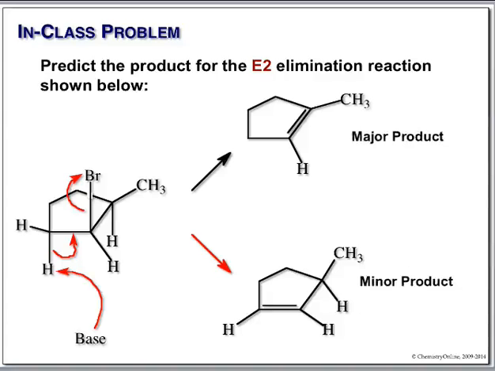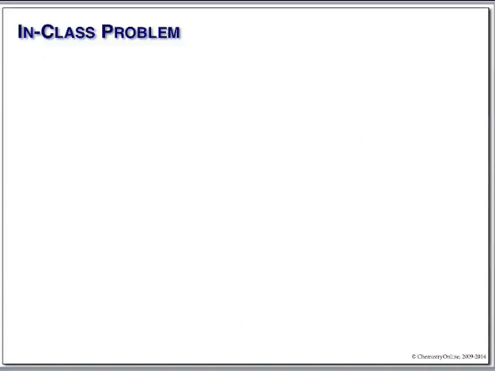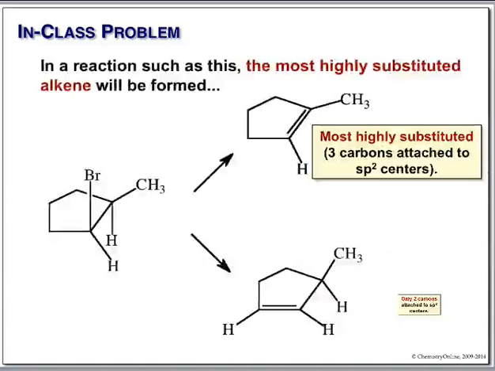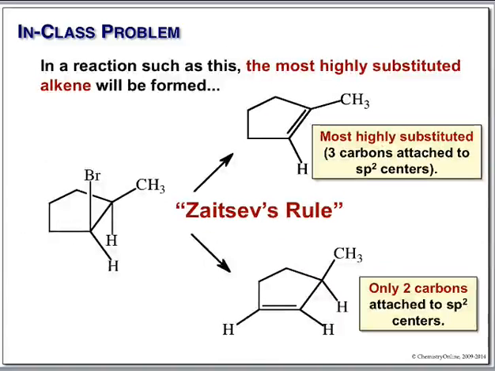The reason is simply something called Zaitsev's rule. Zaitsev is spelled with a Z. And it says, when you're going to form an alkene in an elimination reaction, you want to get the most highly substituted alkene. Now remember what we saw about methyl groups releasing electrons? That's why.